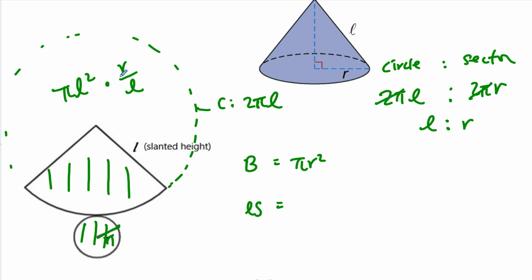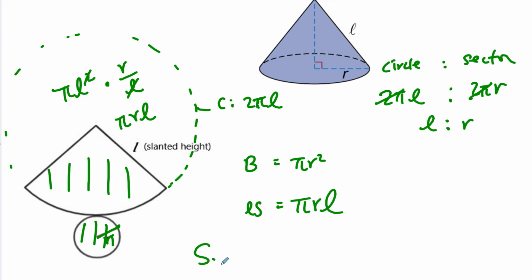So we know that it's taking only a fraction of this big circle. That fraction is r over L. If we simplify that, this will be gone, and pi r L, or pi L r, is your sector area. So lateral surface area is pi r L, right?